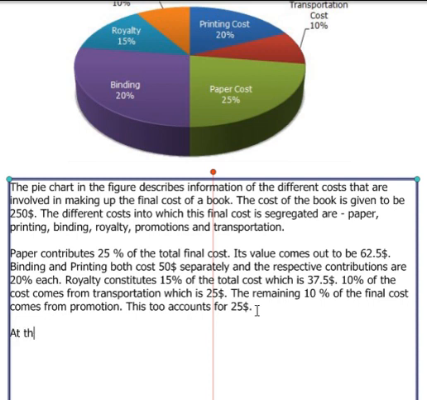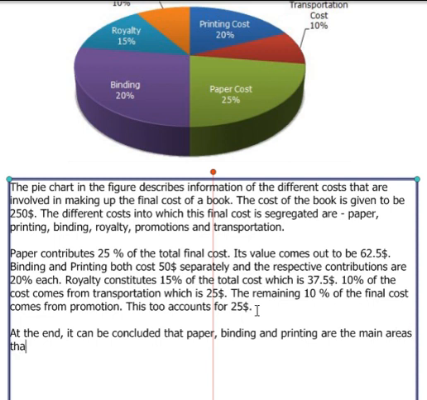So at the end, it can be concluded that paper, binding, and printing are the main areas that influence the final cost of the book.